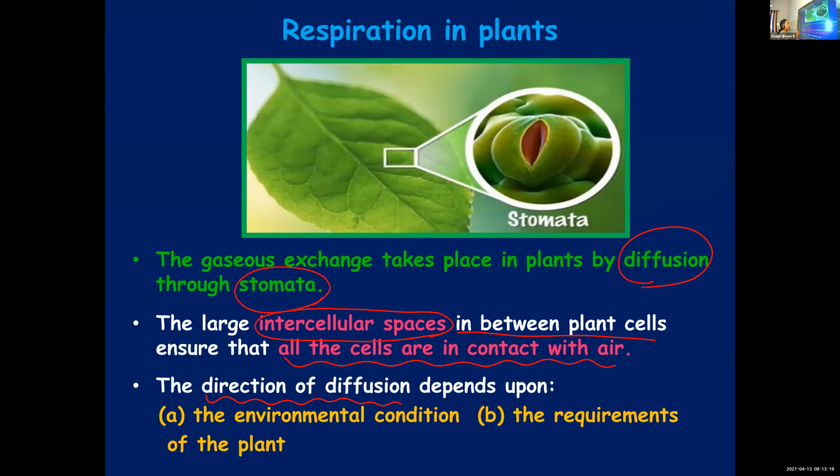It depends upon two factors: in which direction diffusion is taking place, towards the plant or from the plant to outside. That direction is dependent on two factors. One is the environmental conditions, and the second is the requirements of the plant. These are the two conditions that decide the direction of diffusion.